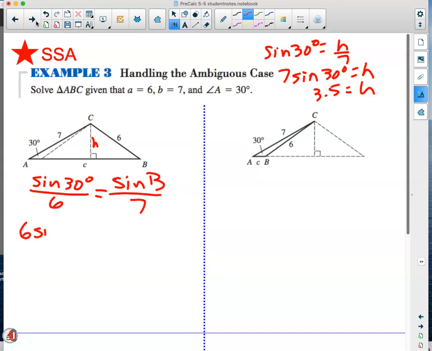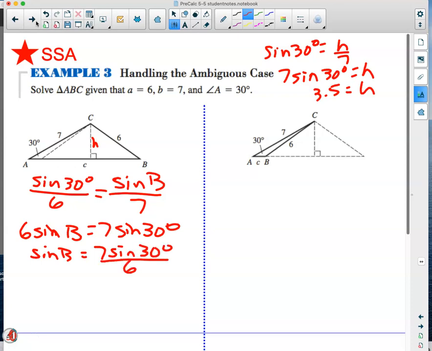So we cross multiply. And we divide both sides by 6. And we realize we're going to have to take the inverse function if we want to know what that angle is.